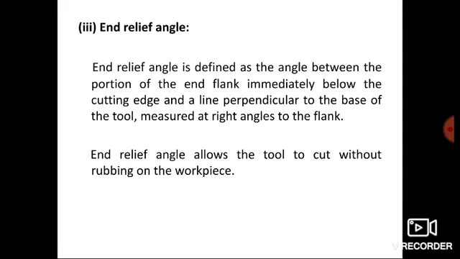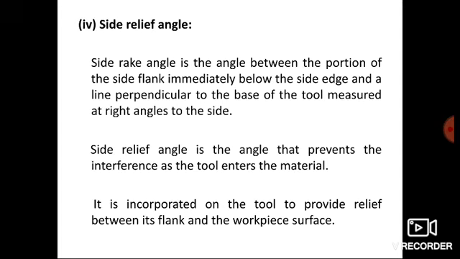The end relief angle allows the tool to cut without rubbing on the workpiece. It is very important because the surface below the point may come in contact with the workpiece, so we have to provide some angle so that it provides some relief to the workpiece.